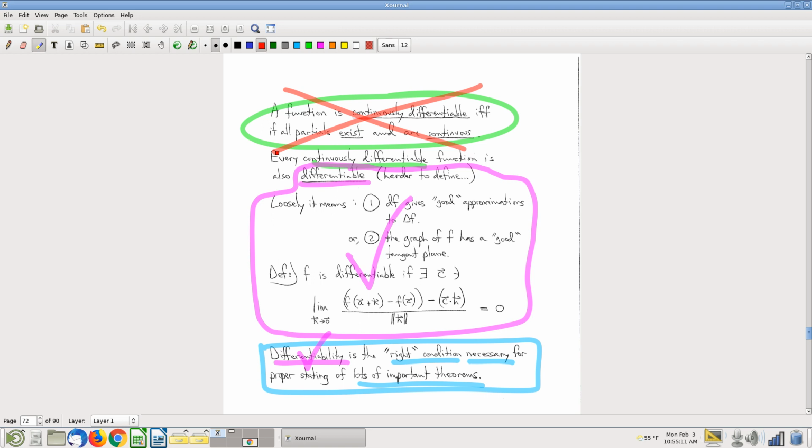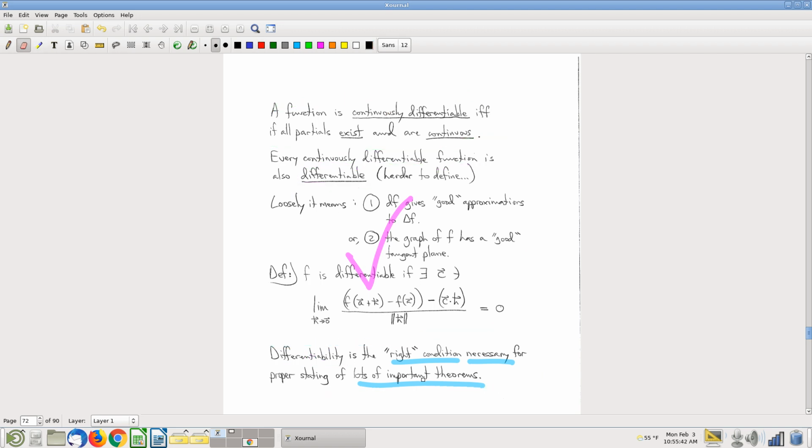So if you restate all these theorems as just check continuous differentiability, you're shooting yourself in the foot. There are cases where you'd like to be able to use those theorems, and the function is merely differentiable, not continuously differentiable, and our little shortcut strategy of just checking continuous differentiability isn't going to help us. So that's why this little problem exists.